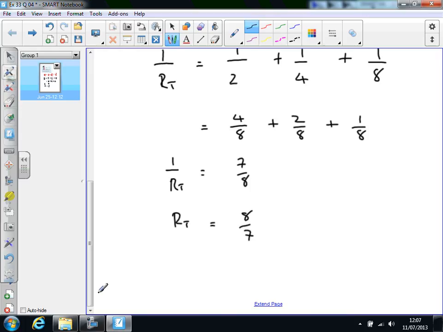Another way to do this would be to take the 7 over 8 and use the inverse button on the calculator, which I think has got x to the minus 1 on it. So I can use that inverse button to work out what the inverse of 7 over 8 is. But the answer is 8 over 7. See if you can now go ahead and finish part A of that question.